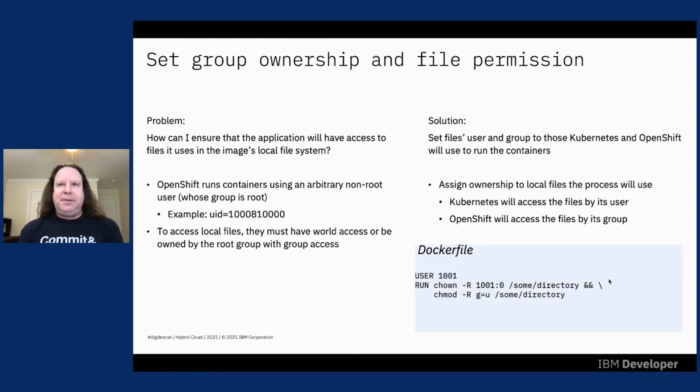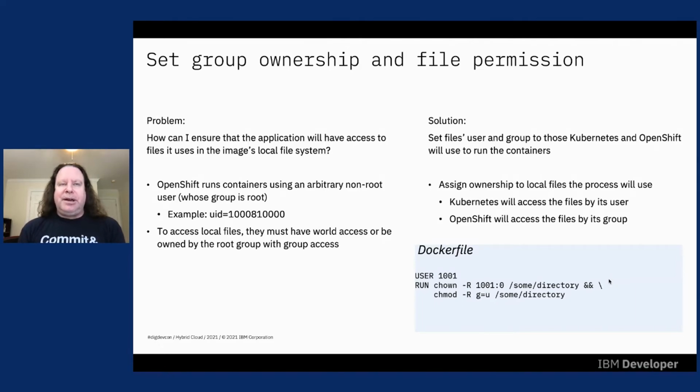If you run that same image in OpenShift, then the arbitrarily assigned user ID that OpenShift uses, all of those are a member of the root group. And because for the root group, you assigned ownership to all of these files and access, that means that whatever user is being used to run the container in OpenShift, that process will be able to access these files because these files are owned by the root group.